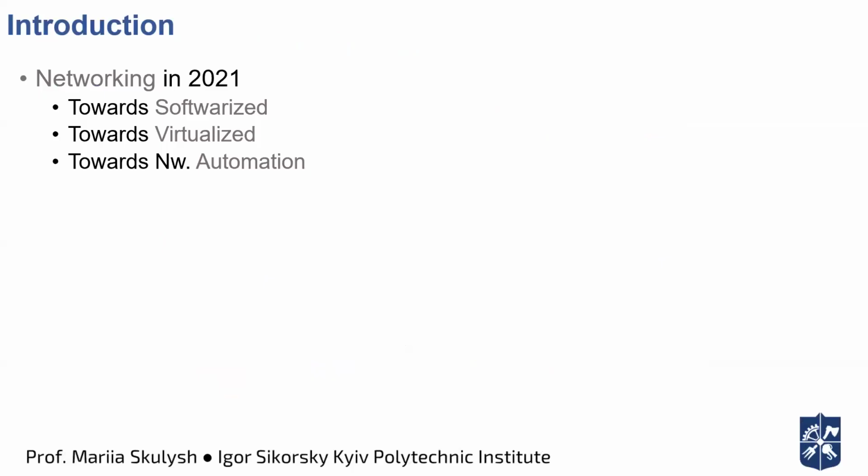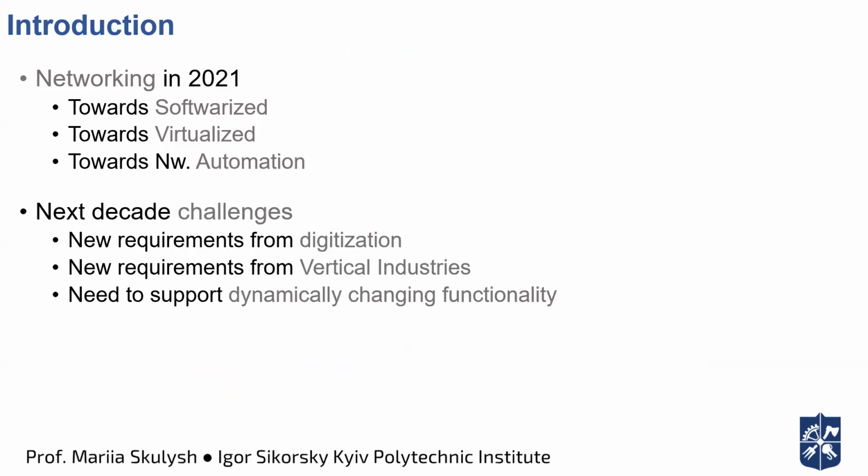According to some timelines, networking in 2021 is moving towards softwareization, towards virtualization, and towards automation. So it is a system which already today has some signs, some points from these three: softwareization, virtualization, automation.